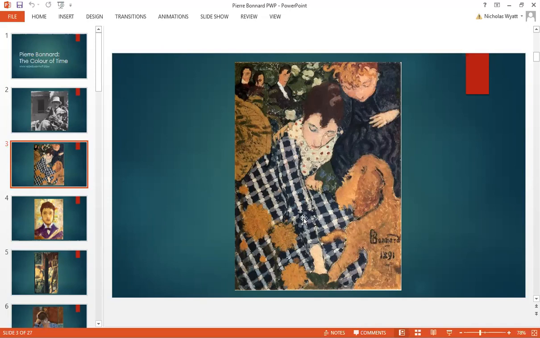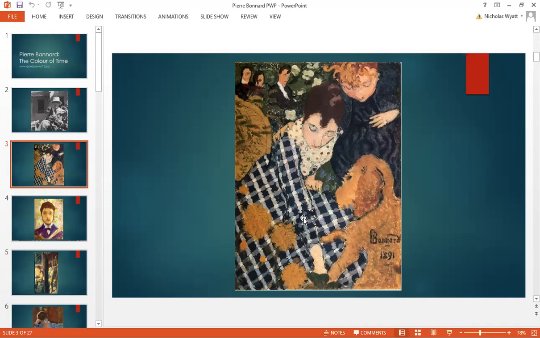And Bonnard was not the only artist making art like this. Other artists like Maurice Denis, Edouard Vuillard, were making paintings in a similar vein, usually of everyday scenes of domestic interiors.